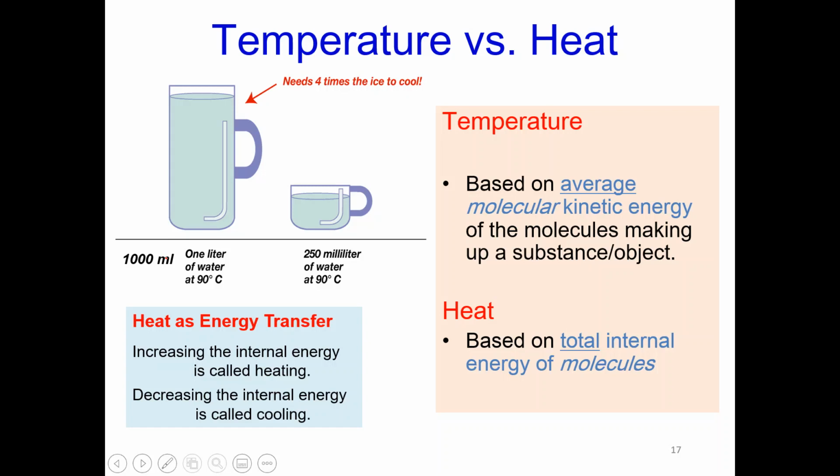Here we have 4 times the amount of water, and this is why we had 4 times the amount of heat. However, the temperature is the same. If we want to cool down this water, we need 4 times the ice.